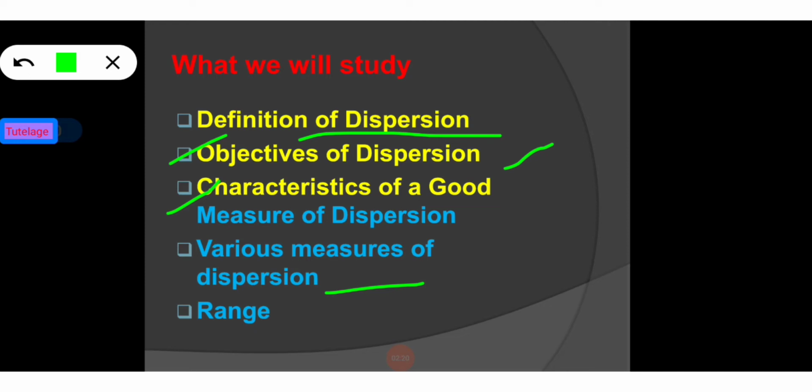First one is absolute measures and relative measures, and now going to the last one, this is the range, and range is one of the sub parts of the absolute measures of dispersion. So let's start the session and move on to the main slide.